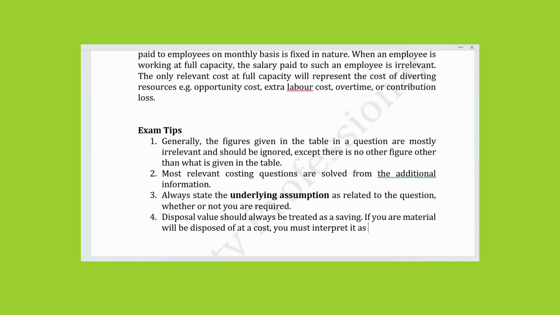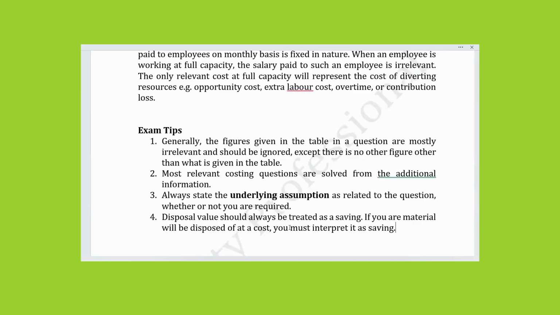as a saving. Like I mentioned earlier today, usually examiner will tell you that the material will be disposed of at a cost. So it is not a cost, rather it's a saving. It is your responsibility to interpret the information given to you as a saving. So it will be a cash inflow. That cash inflow is expected to reduce the relevant cost that you want to determine.